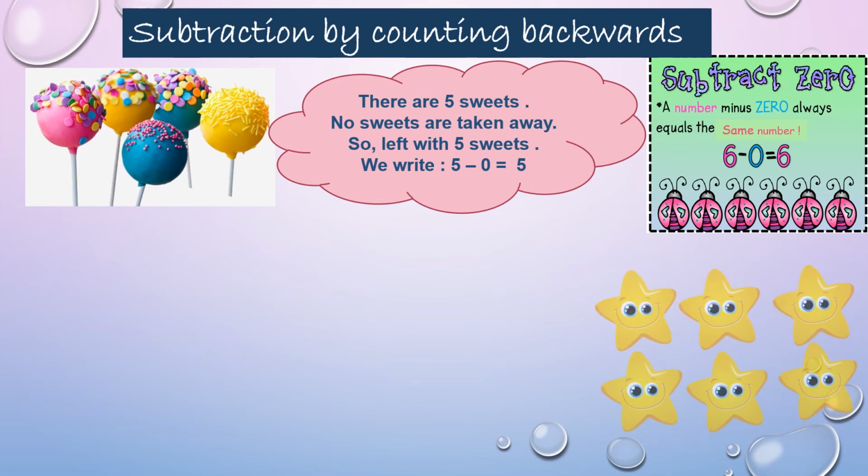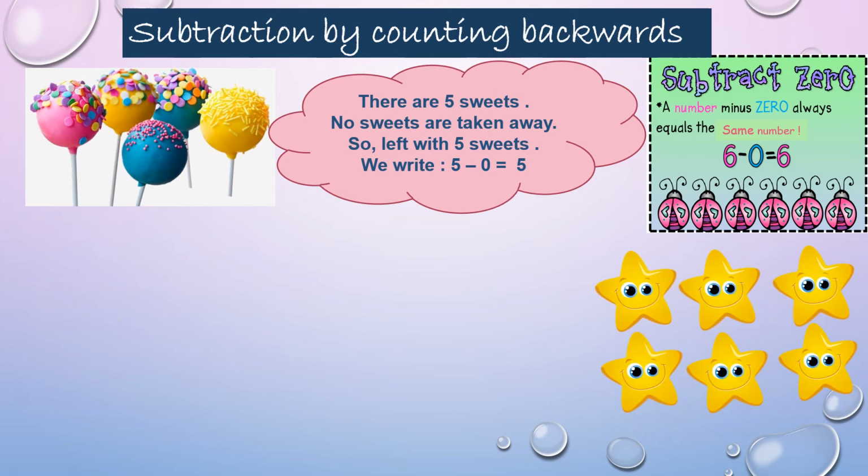Let's see one more example. On your screen you are able to see 6 smiley star stickers. I have distributed all the stickers among the students. So I am left with no stickers.